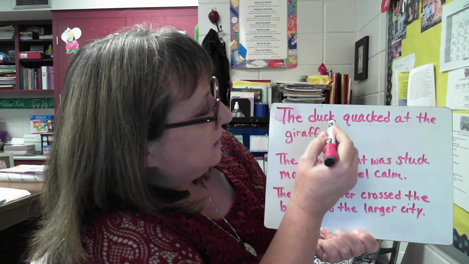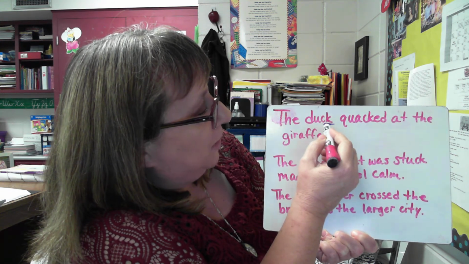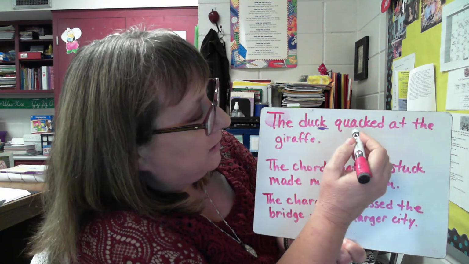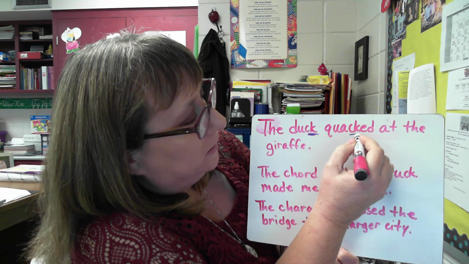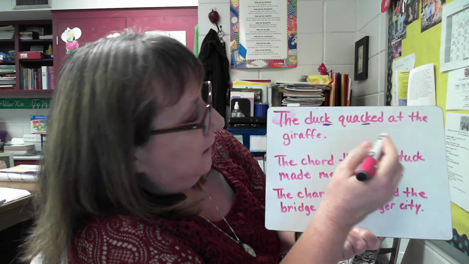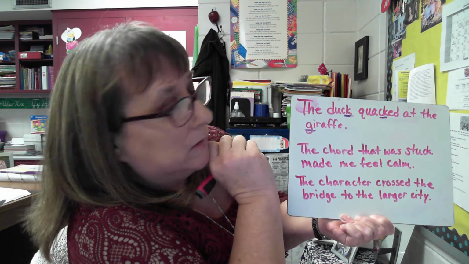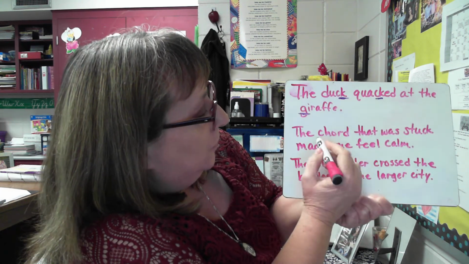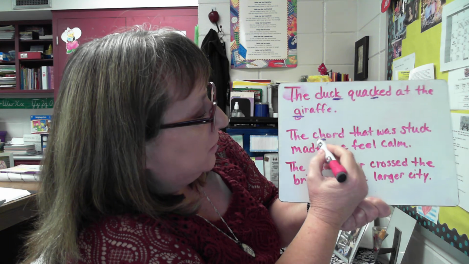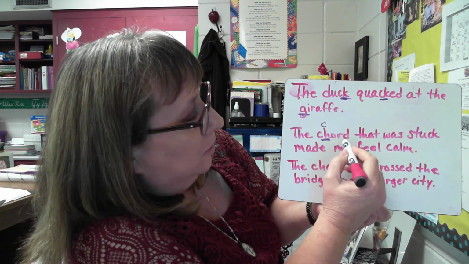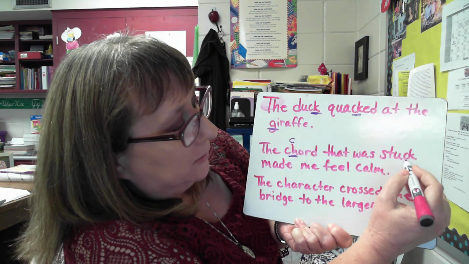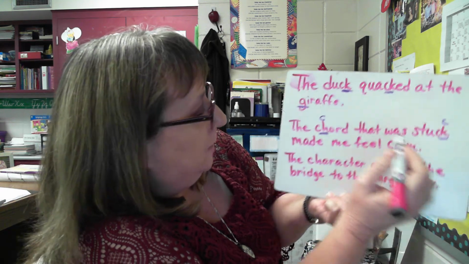Well, I see CK, so I know that's one of my words, duck. It represents K. Quacked, there's a K sound. Giraffe, there's a J sound, but that's not a J. So that represents my J.